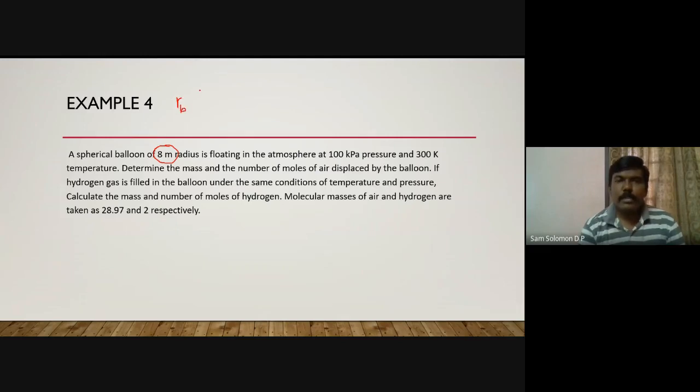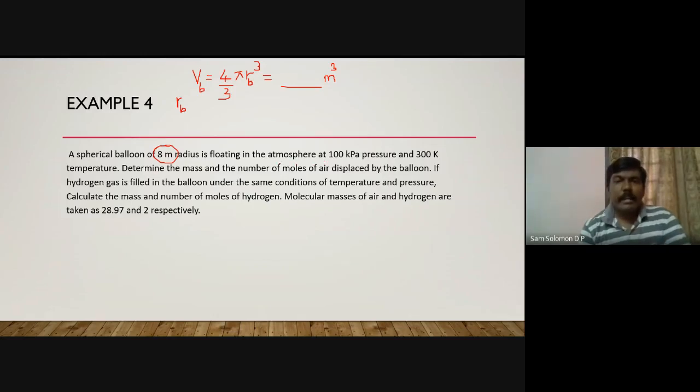So you can use the formula V_B equal to 4 by 3 pi r cube, r suffix b, b for balloon. And if you substitute the value, you will get some answer in meter cube. So that is the volume of the balloon. That volume is not going to change because the shape is retained.